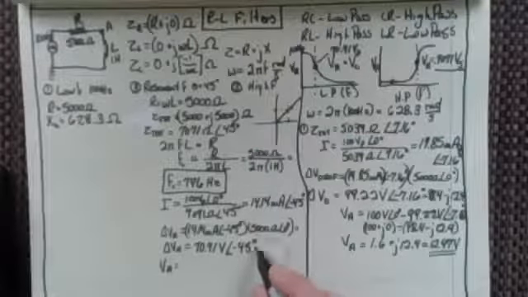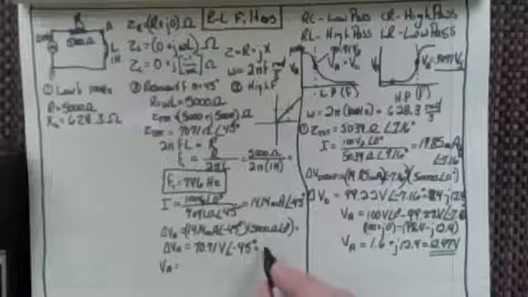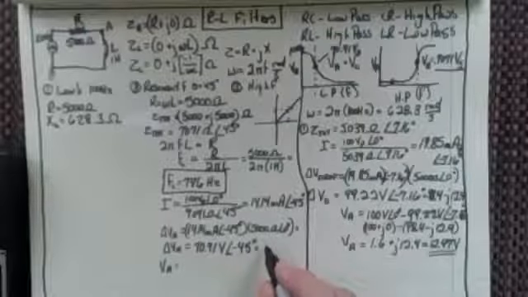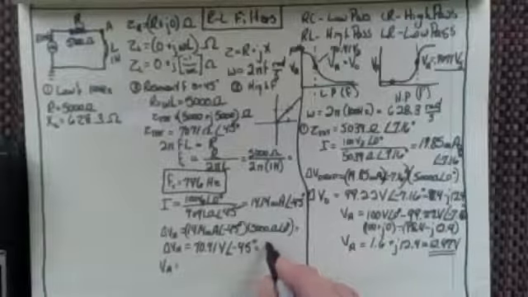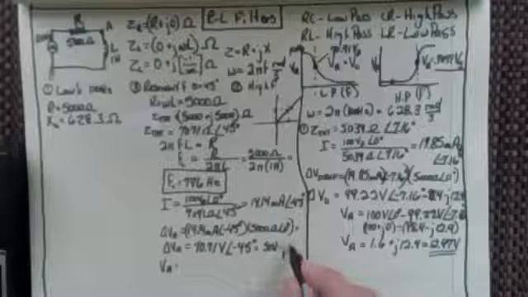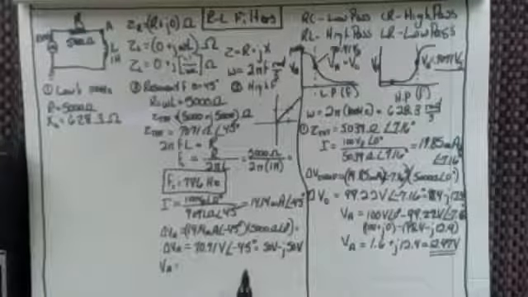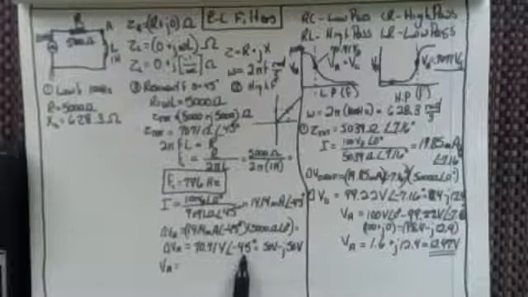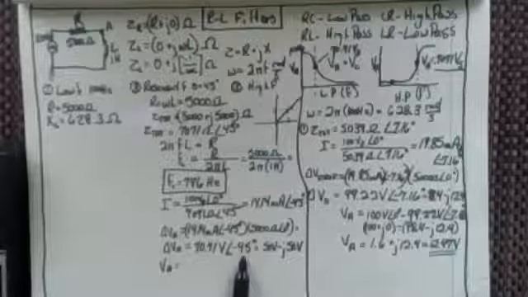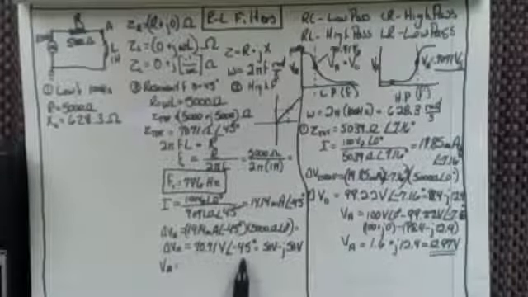In fact, why don't I write this out? Because if that's at 45, then really this is going to be, and I'll let you do this on your calculator yourself, 50 volts minus J 50 volts. How do I know that? Well, I know that the cosine of negative 45 degrees is 0.7071.